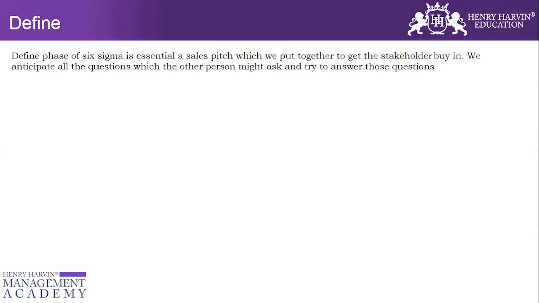We will talk in detail about what the components of the define phase are, and what all we cover in the define phase. But just for now, it's called a sales pitch, which is put together to get the stakeholder buy-in. And in the define phase, we not only prepare a sales pitch, we as a team anticipate all the questions that the person might ask, which we are going to talk about now.